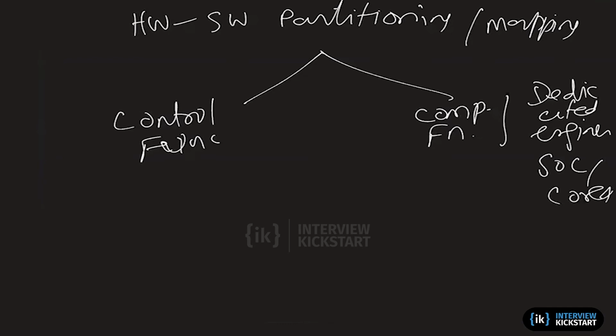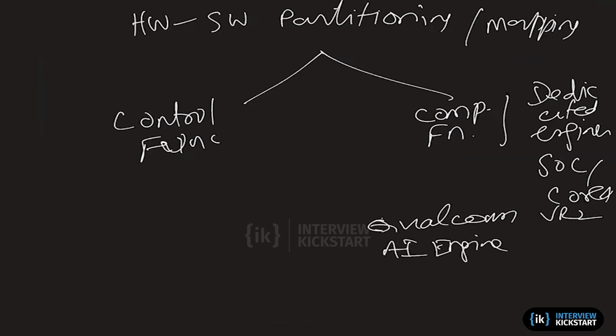For example, the Oculus is driven by the Qualcomm VR2 platform. So it has, I think, an AI engine. It has, of course, for rendering, one dedicated CPU, maybe multiple GPUs for that, and so on. So for basic control, there may be a SOC.